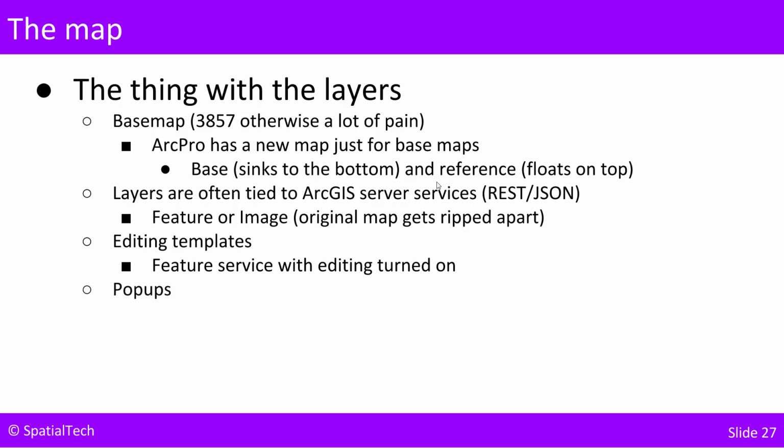You can also configure pop-ups now, and we can do this in ArcPro now. When someone clicks on a feature and a little pop-up shows up, what attributes do you want to be shown? Now you can configure this back in ArcPro, which is a new type of functionality, or you can do it in ArcGIS Online. In ArcGIS Online, you open up the map in the map viewer, click on a layer, there's a little ellipsis button at the end, and then you get a menu with more options. You can configure pop-ups there and also deal with how attachments are handled.